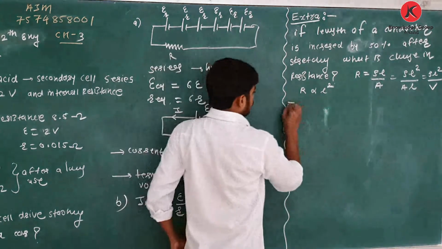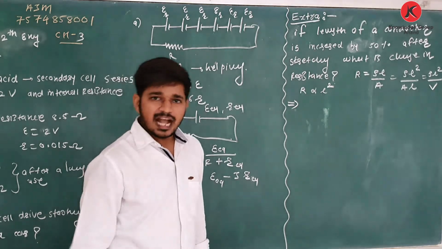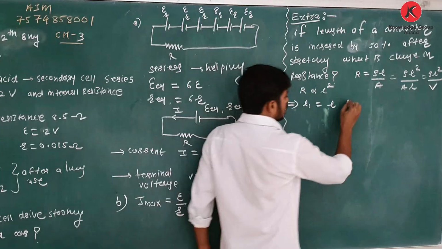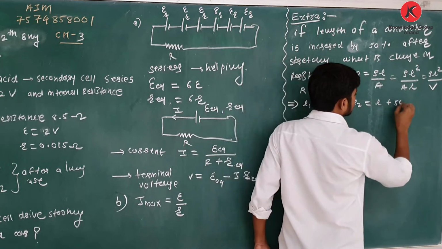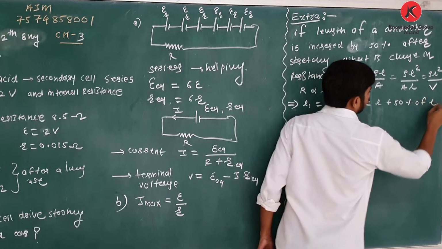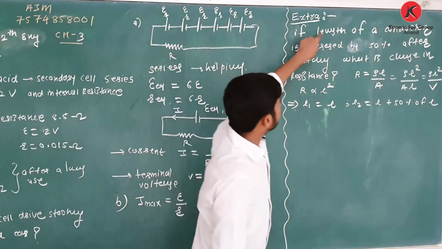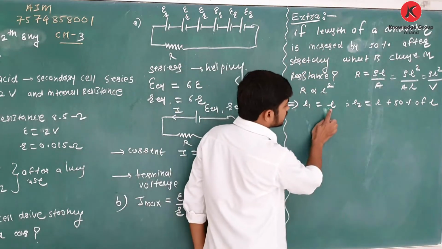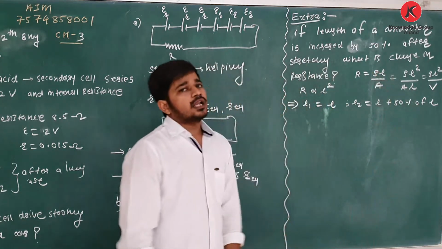See, if length of conductor is increased by 50%, I am assuming initial length L1 is equal to L. Then what is L2? L2 is equal to L plus 50% of L. Okay, you have to understand language, English. If length of conductor is increased by 50%, initial length is L plus 50% of L. Clear?